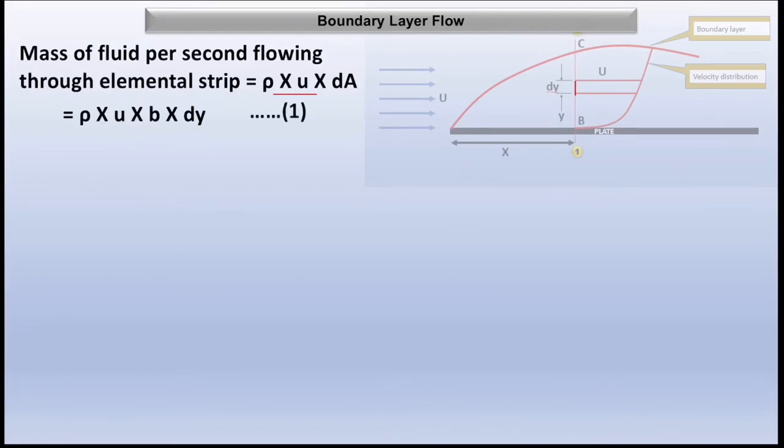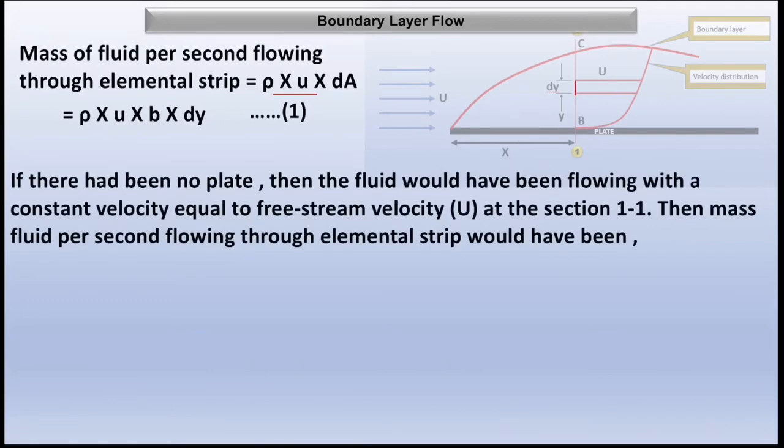If we call this equation number 1, then assume that if there had been no plate, the fluid would have been flowing with a constant velocity equal to the free stream velocity at section 1-1. Then the mass of fluid per second flowing through the elemental strip would have been... Did you understand this statement? If there is no plate in the flow, then the fluid will flow with the free stream velocity.